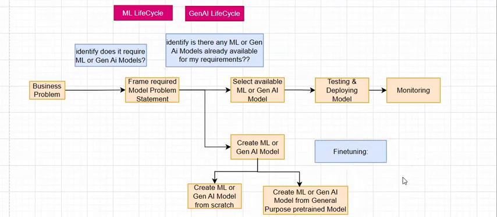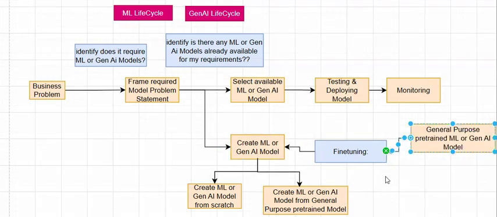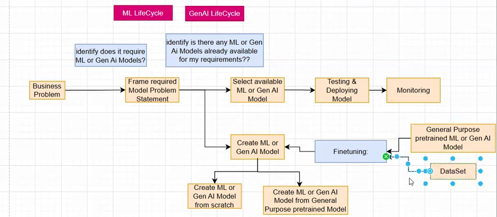What is fine tuning? By fine tuning, we are able to train this pre-trained model again and create our generative AI model. So what is this fine tuning, sir? We take that general purpose, already available pre-trained ML model, and we also take the data set that we want to train this model with, and by using this data set we perform training on this model.